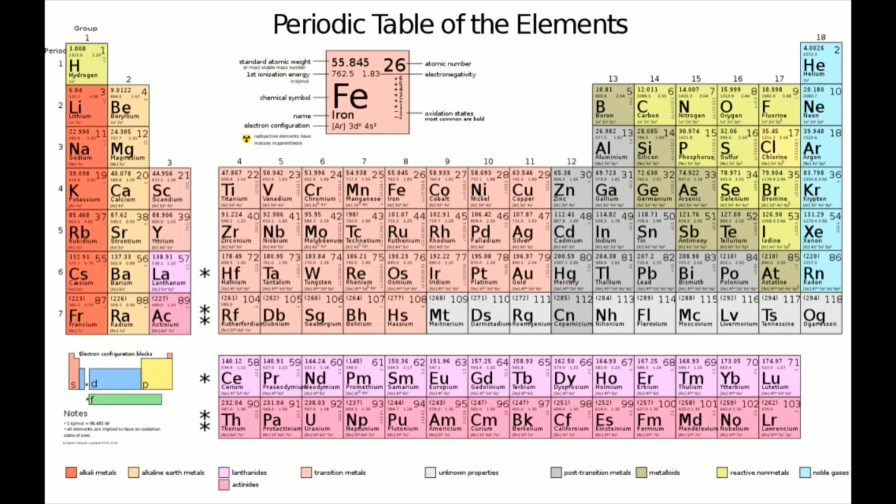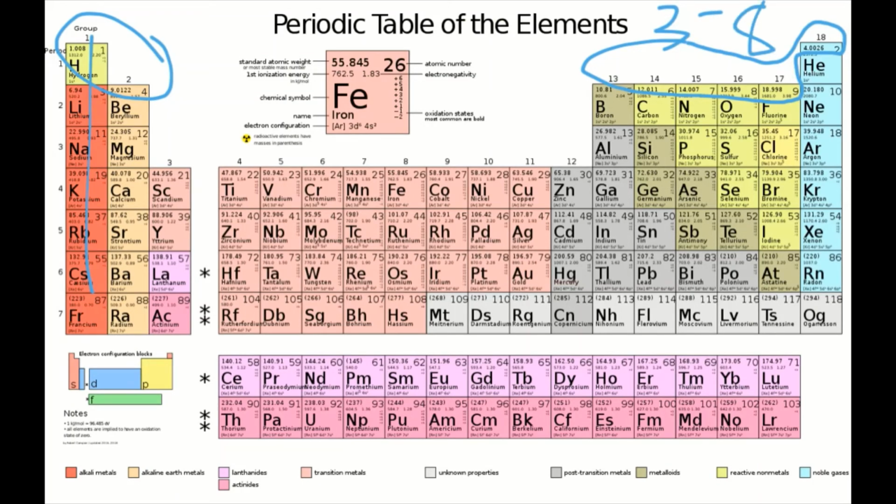So let's talk about the classification of these elements. We usually classify elements into groups or columns. So the main group elements are groups 1, 2, 13, 14, 15, 16, 17, and 18. If you ignore the ones from 13 to 18, you basically get 3 to 8.